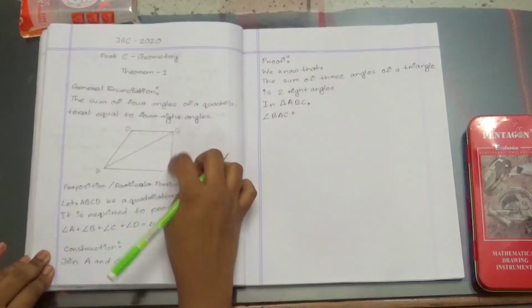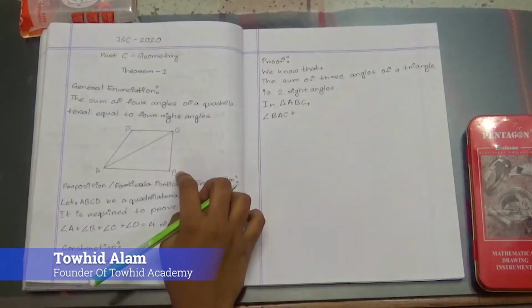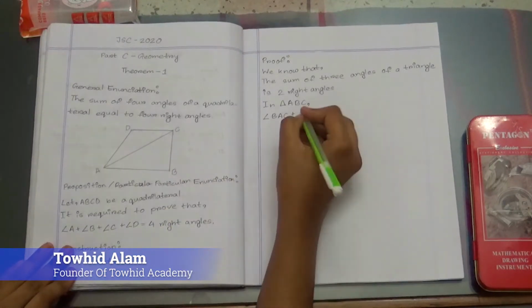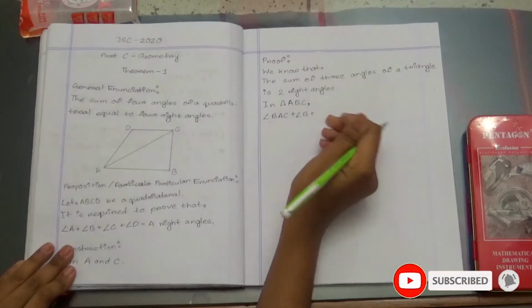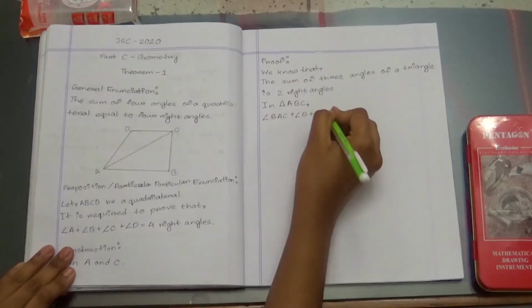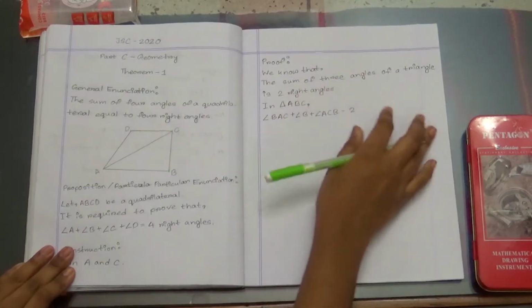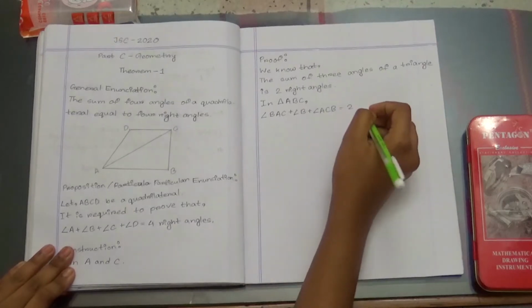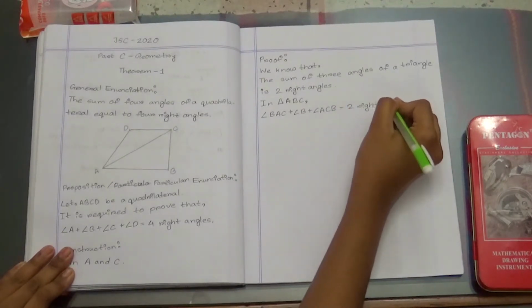This is a whole angle, so we don't need to write angle ABC, but if you want to write angle ABC, then it's correct. It's your choice, you can write any of these. As we already know, the sum of three angles of a triangle is two right angles.